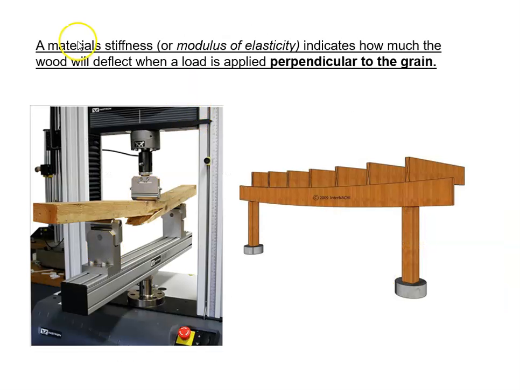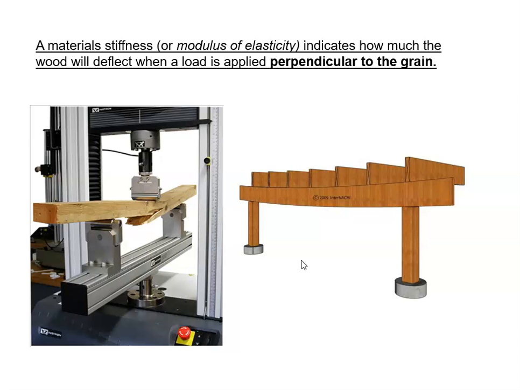Okay, so coming to the modulus of elasticity, the material stiffness indicates how much the wood will deflect when a load is applied. We know that the modulus of elasticity and stiffness stem from the stress-strain curve, from the elastic portion of it. So we have our stress-strain curve, and while we're in the elastic region, we have that straight line coming up, and the slope of that line tells us about the stiffness of a material.